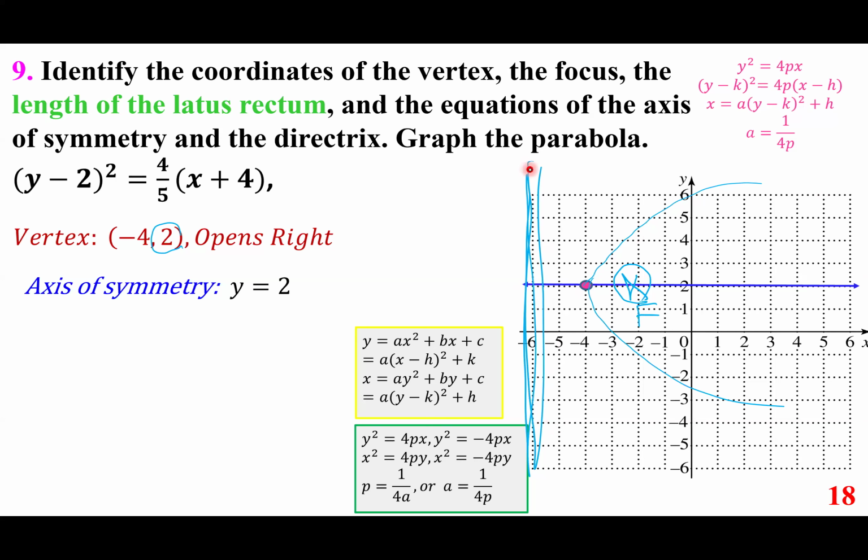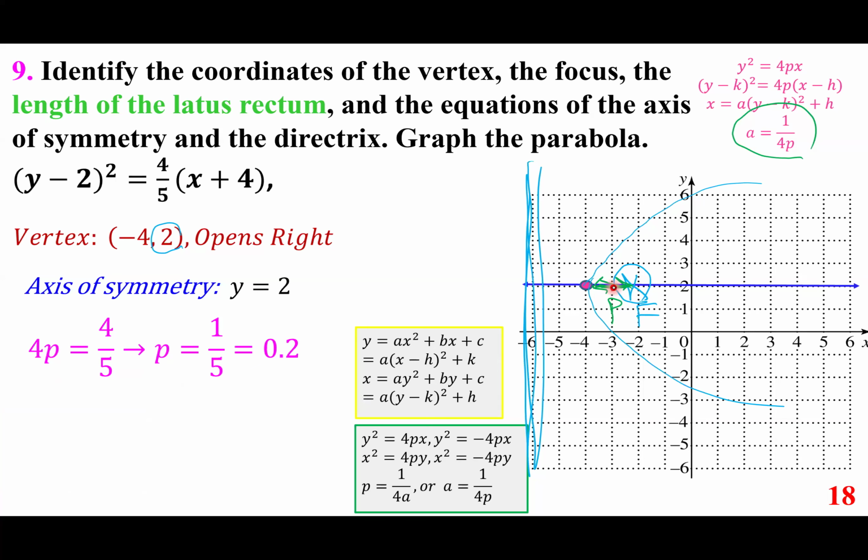All we have to do is figure out this distance, which is p. From here to here is p, and we know a is 1/4p. So 4p is 4/5, so p becomes 1/5 or 0.2. So we have this distance.